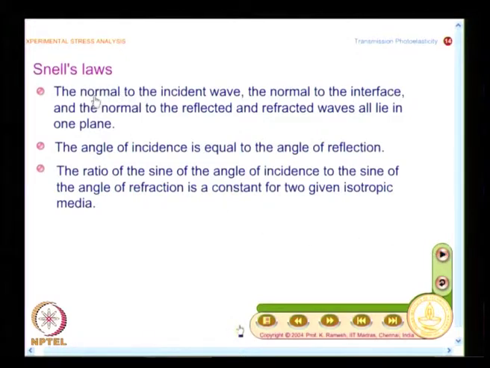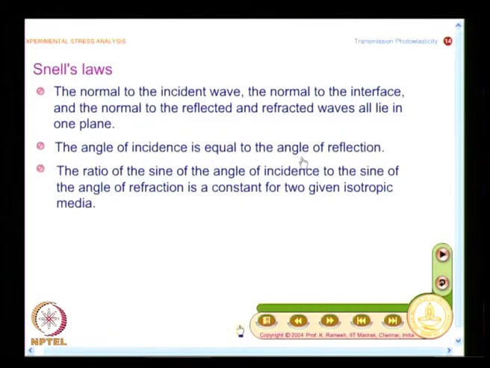So, what you saw, the normal to the incident wave, the normal to the interface, and the normal to the reflected and refracted waves all lie in one plane. That is the first observation. This you all have understood from your course in physics. And the second observation is the angle of incidence is equal to the angle of reflection.